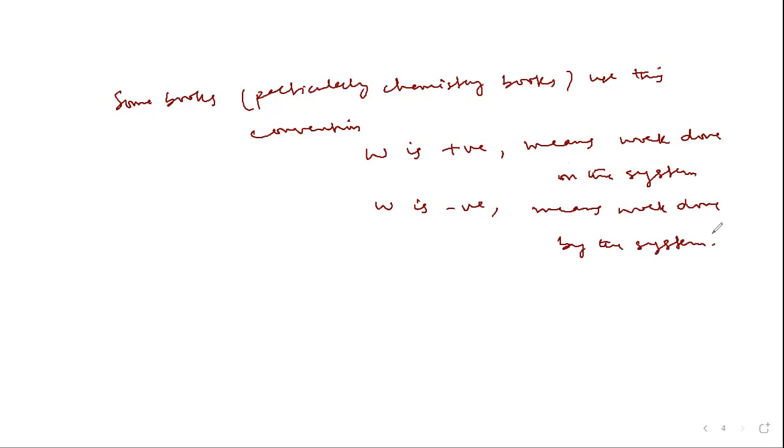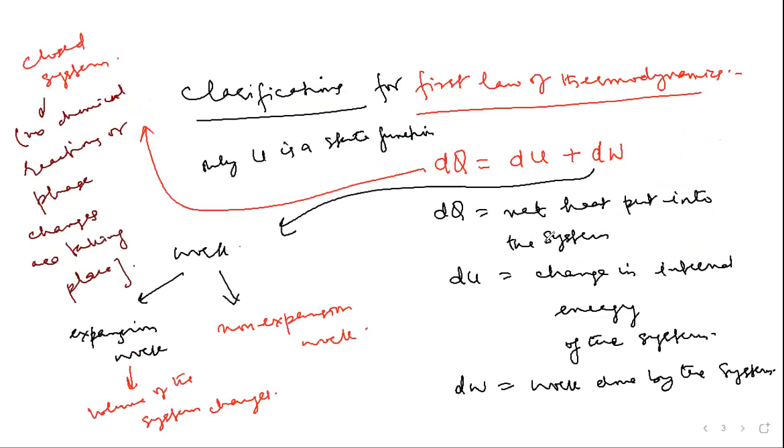Right? So whether, I repeat, some books, particularly chemistry books, use this convention for work. When W is positive, means work is done on the system. When W is negative, means work done by the system. Here I have used which convention? Positive work is work done by the system.